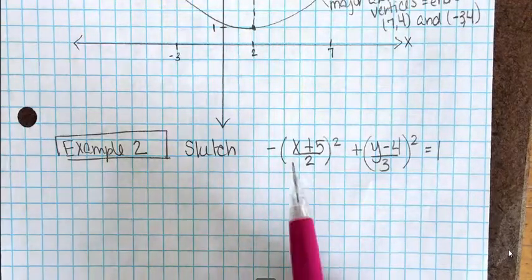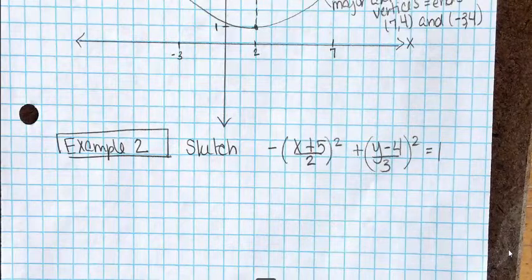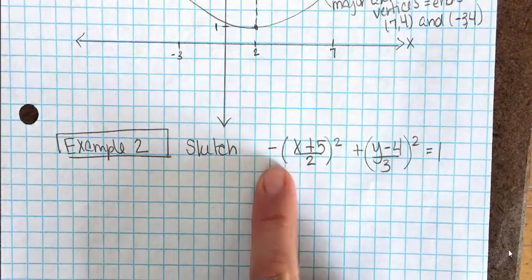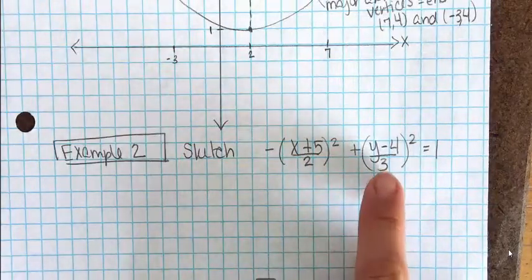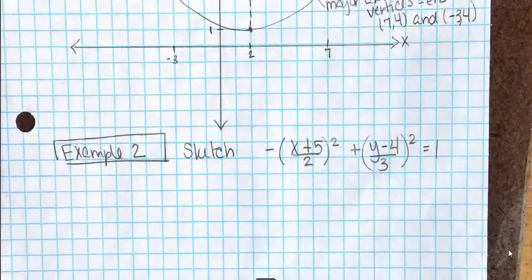Now I see that both my x and my y terms are squared, so I know it's not a parabola. I see that the coefficients, right, the coefficient of this one would be like negative 1/4. The coefficient of this one would be positive 1/9. So first of all, they're not the same, so it's not a circle. And then I see that they're not the same sign, so it's not an ellipse. So they have opposite signs, and the coefficients are not equal.